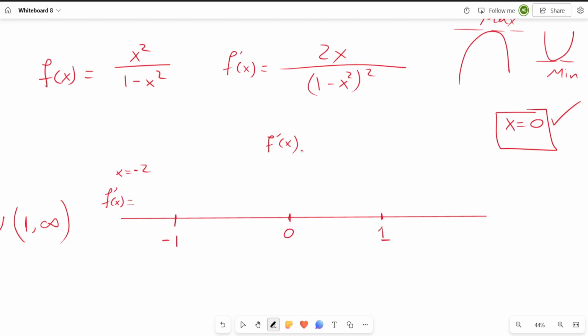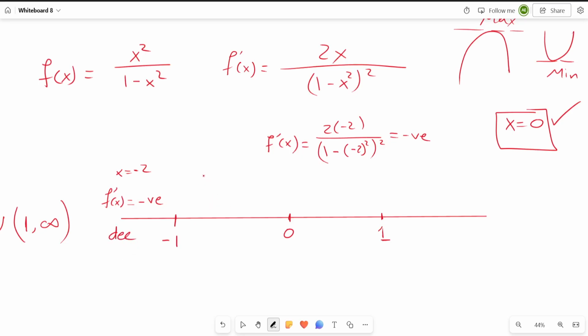So this f dash of x is going to equal 2 into -2 over (1 minus (-2) squared), all to the power of 2. And putting that in the calculator, it's going to give me a negative value. I'm only interested in the sign, I don't care about the actual value. Negative sign over here. So this part from -infinity up to -1, I have a decreasing function.